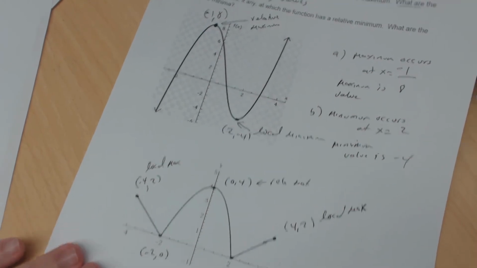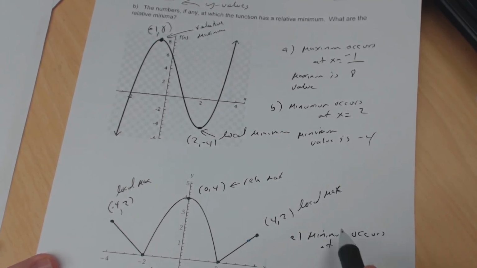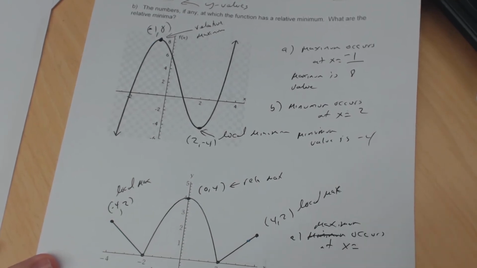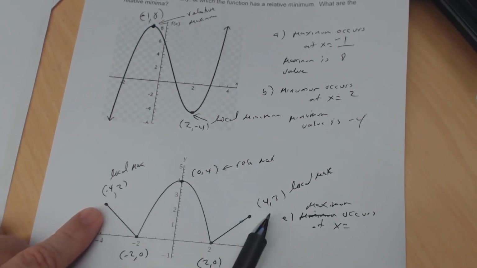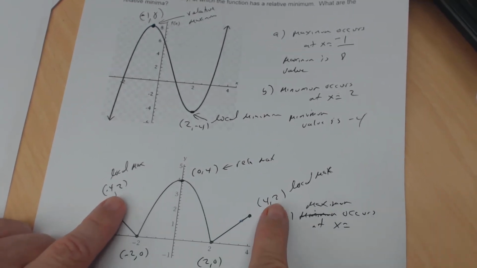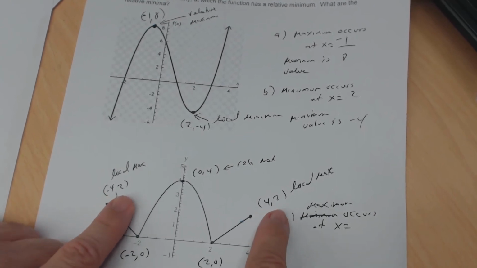All right, so let's answer the question. A, minimum occurs at x equal, maximum. Maximum occurs at x equal, and there's 1, 2, 3. Now notice that these x values are different. I was looking at y values.